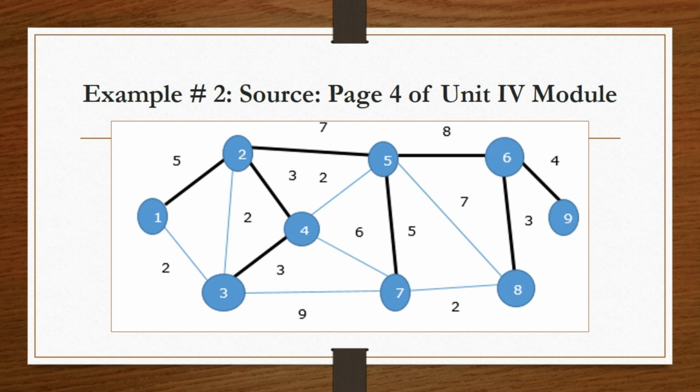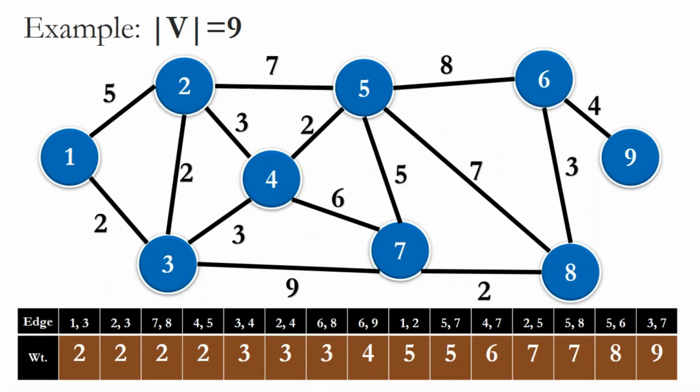Let's try another example. So this is from our page 4 of Unit 4 module. And we have here 9 vertices in total, with a representation of a circle, vertex 1, 2, 3, 4 hanggang 9.